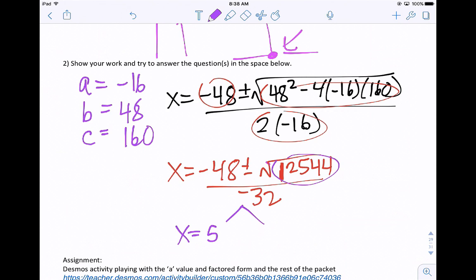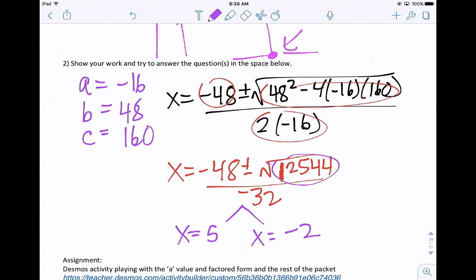And negative 48 plus the square root of 12544, divided by negative 32. Okay, so I get negative 2.